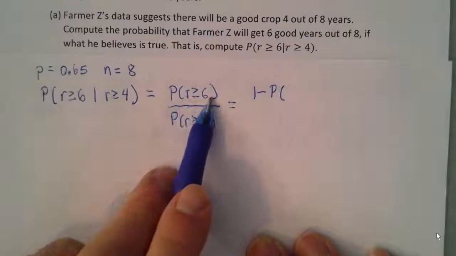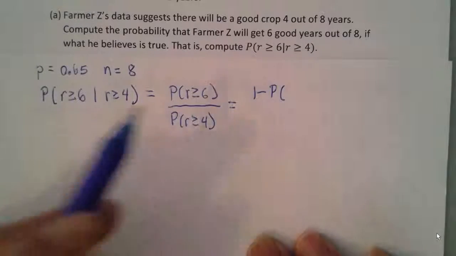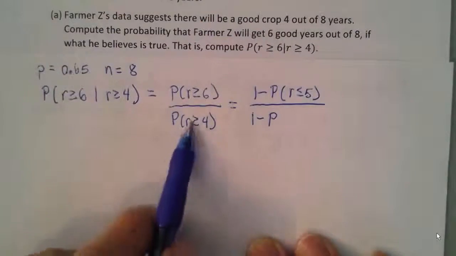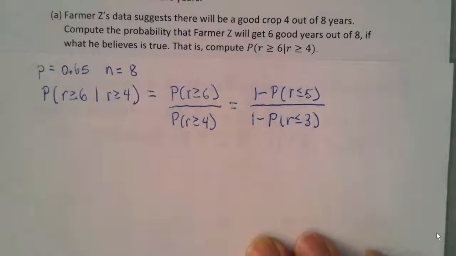If R is at least 6, that means 6, 7, or 8. So what's the opposite of 6, 7, or 8? Well, 5 or fewer. So R less than or equal to 5 is the complement of R is at least 6. And in the same way, if it's not at least 4, then R is less than or equal to 3.